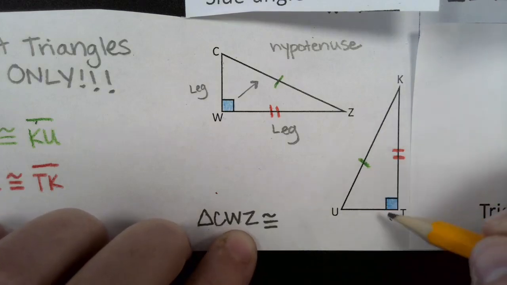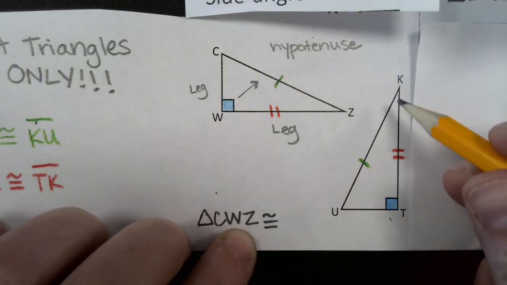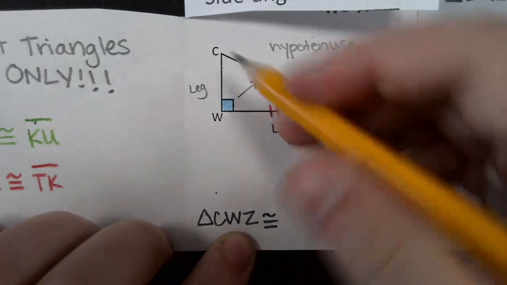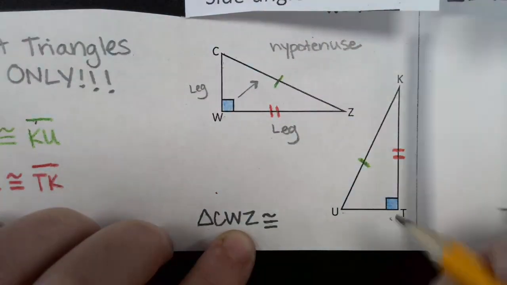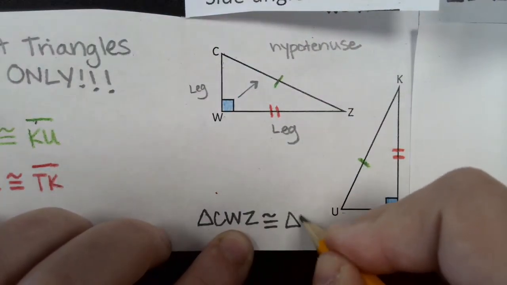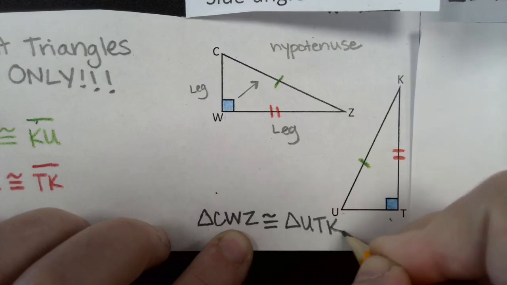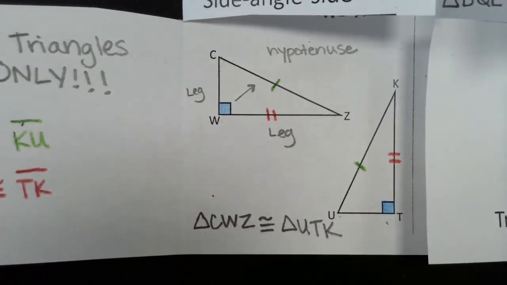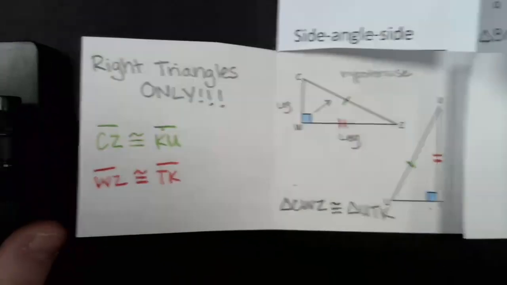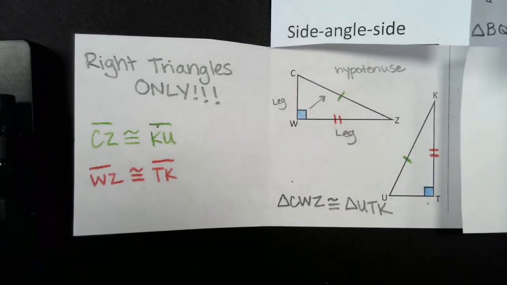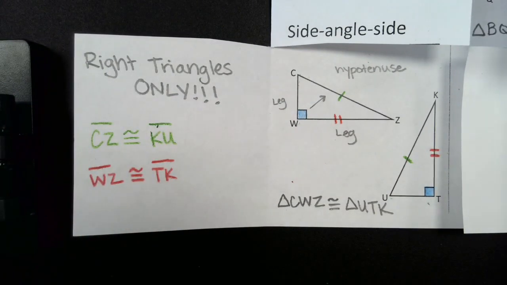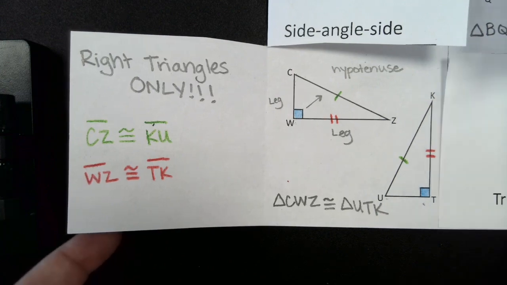So is it going to be KTU or UTK? Good, because CW is kind of that shorter one. It's the one not marked, so UTK. All right, and on the front of that one, we wrote HL for hypotenuse leg.